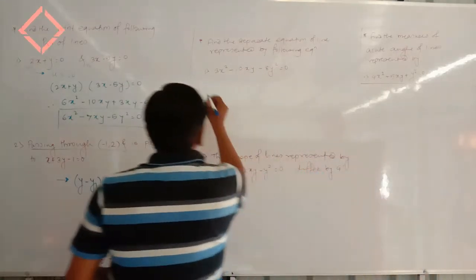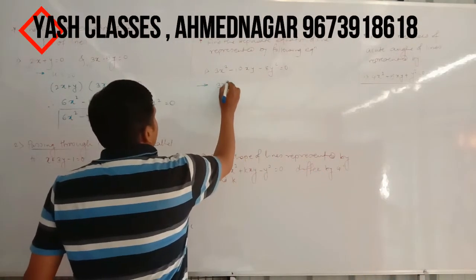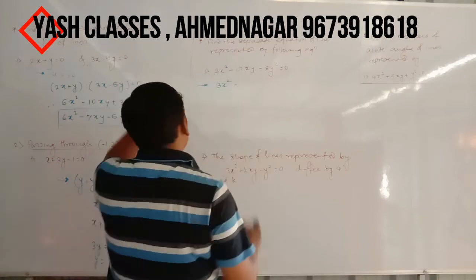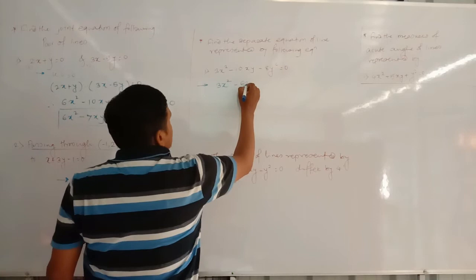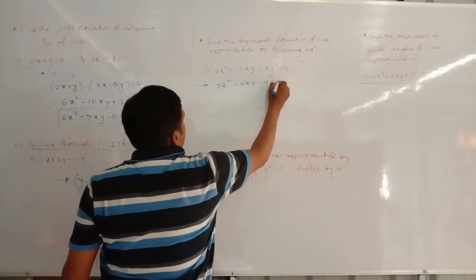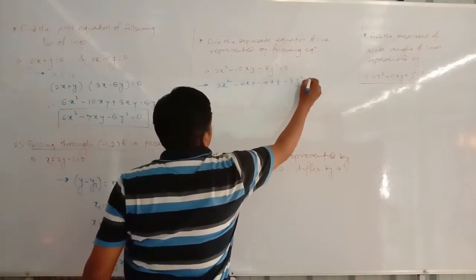Now here, 3x square, we can make a distribution like 6xy minus 4xy minus 8y square is equal to 0.